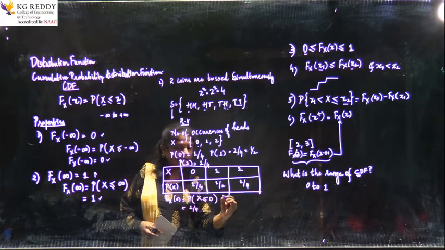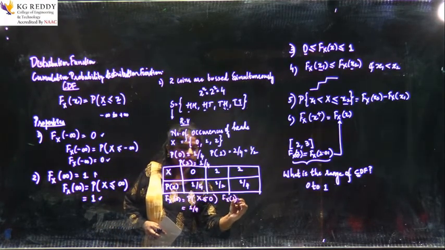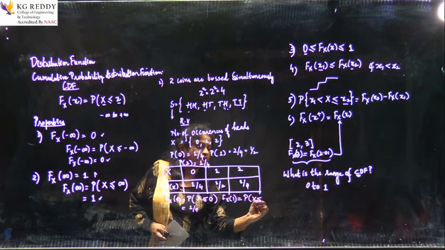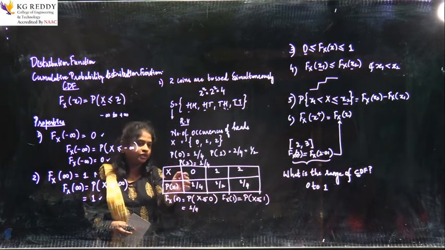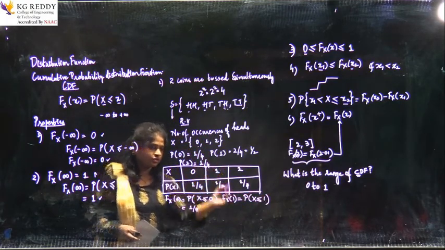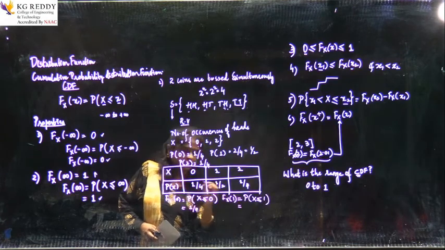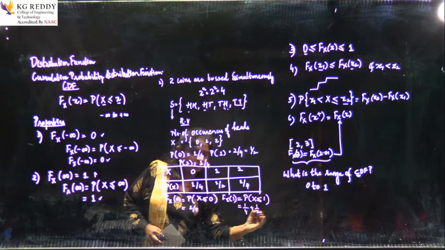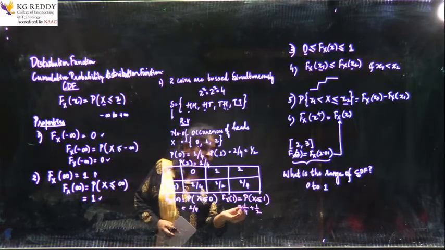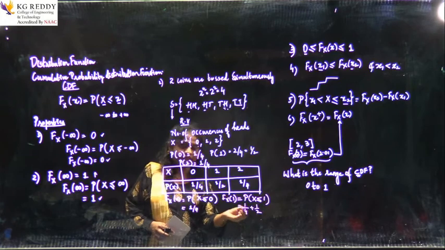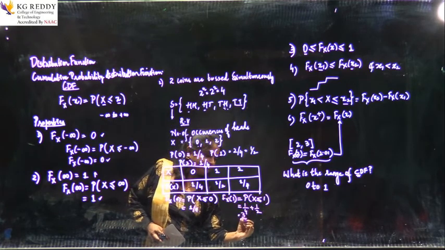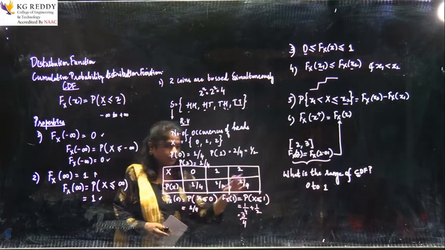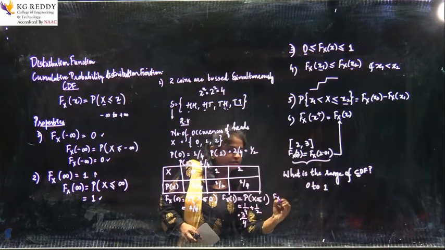In the same way, Fx of 1 means probability of x less than or equal to 1. Less than or equal to 1, how many numbers are there? 0 is there and 1 is also there. I will take these two values, 1 by 4 plus 1 by 2. So, it will be 3 by 4, the value of Fx of 1.